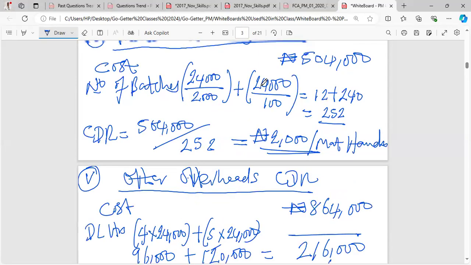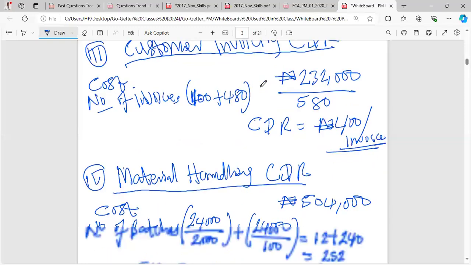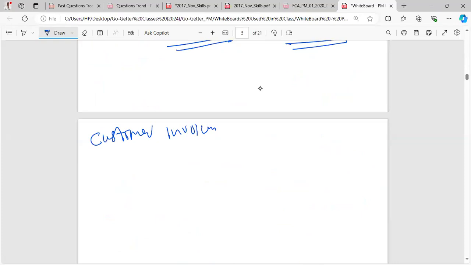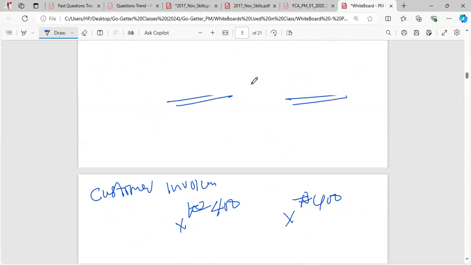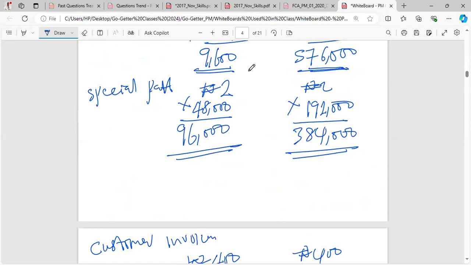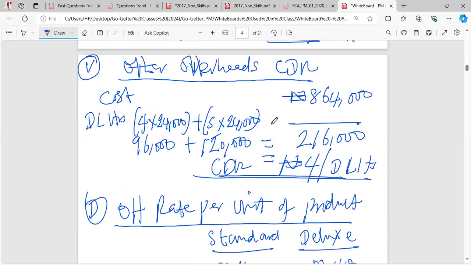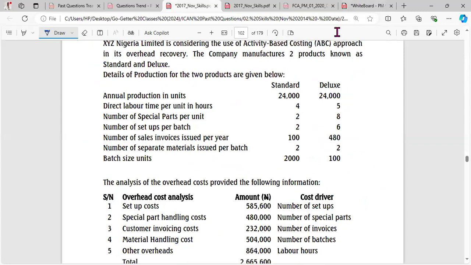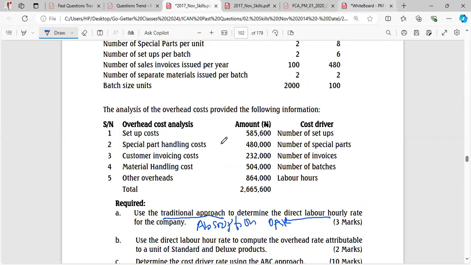The cost driver rate is 400 each case, multiplied by the number of invoicing that we calculated. One is 100, the other one is 480. Let me see, 100 and 480. That's fine.